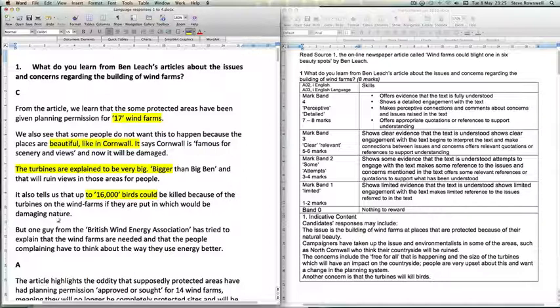However, this is not fully explained and there is not enough detail. So what we have is a presentation of the issues. The concerns really aren't linked to the issues, and really the candidate focuses on just the facts. Some of it is quite well done, however, up to the top of band 2, 4 marks, teetering on band 3, but this candidate would have only just crept into the C grade.